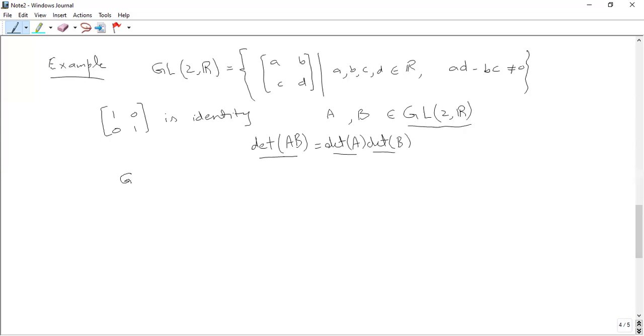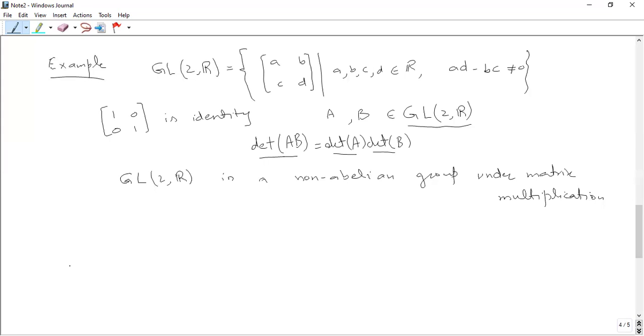So this general linear group is a non-abelian group under matrix multiplication.